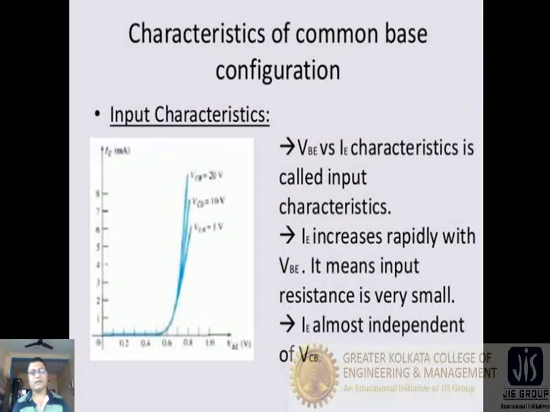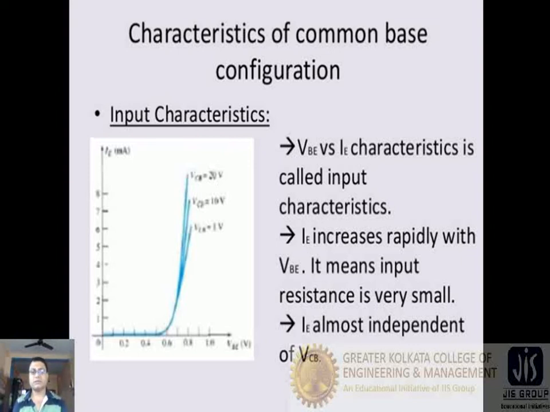Now comes the characteristics of a common base configuration. Here we can find out the input characteristics of a common base configuration. The VBE versus IE is the characteristics called the input characteristics. IE increases rapidly with VBE, it means input resistance is very small.